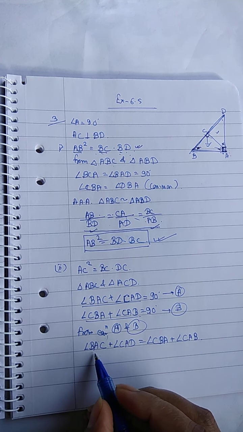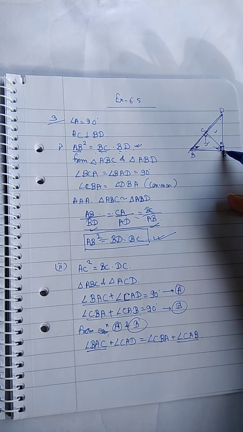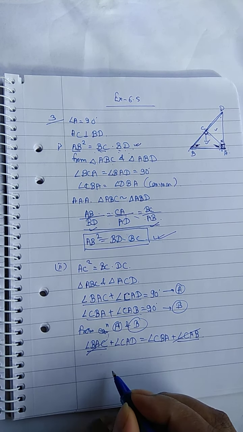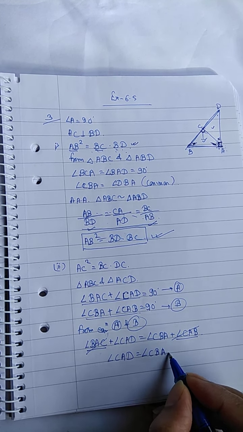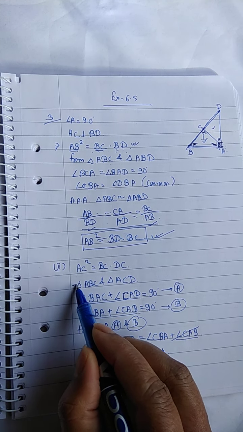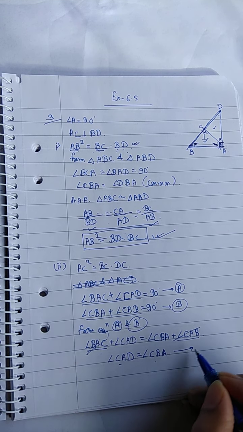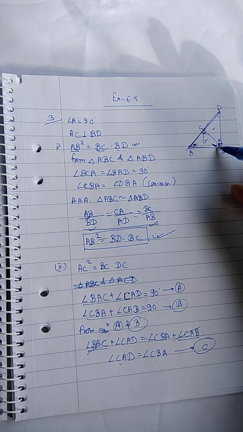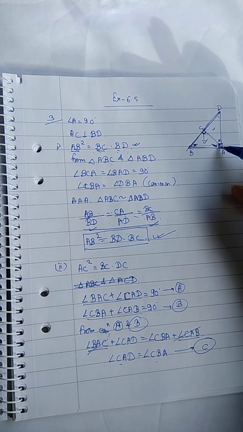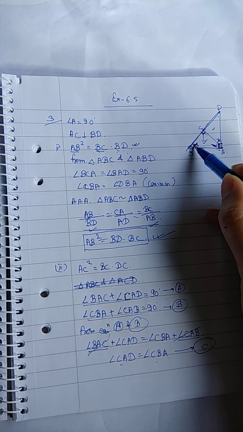Angle BAC and CAB are both the same, so we can cancel this. That means angle CAD equals angle CBA. Let's call this equation C. So angle CAD and angle CBA are equal.